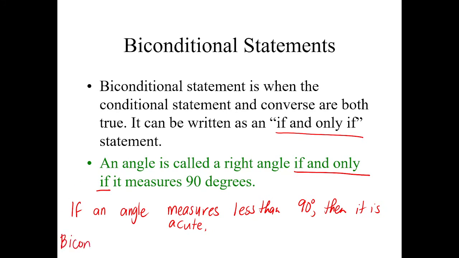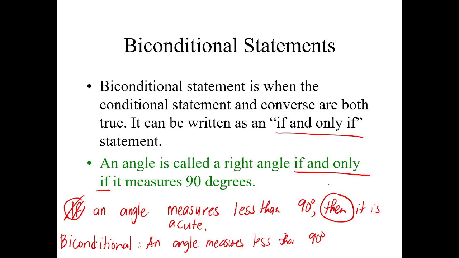It's so simple. Tanggala ang if. So mag-start ko sa an angle. Suwat ra na tanan. An angle measures less than 90. Kining then, ilisan ko nag if and only if.